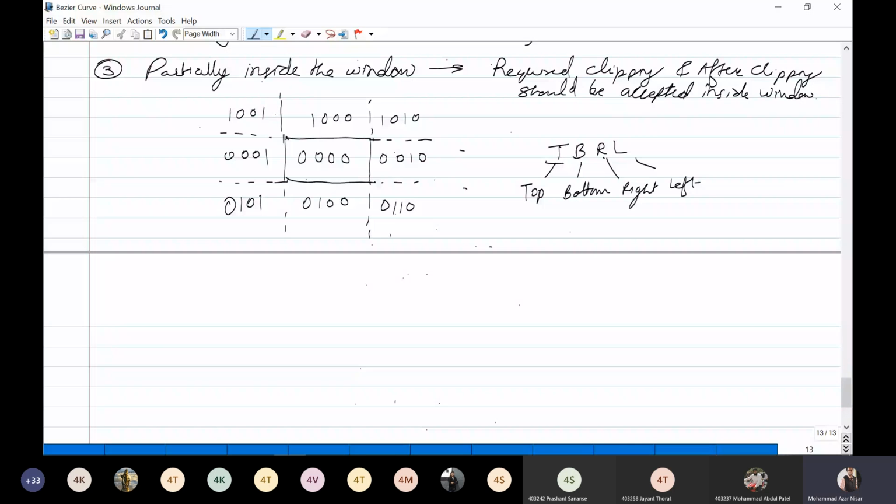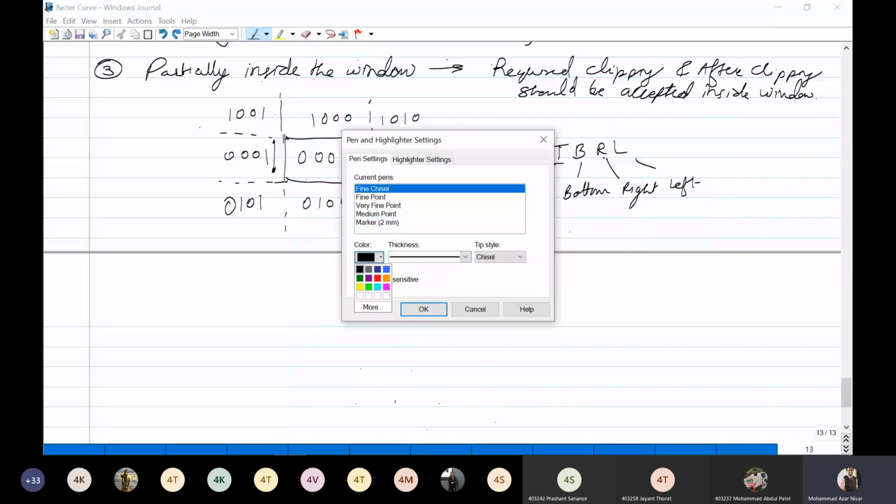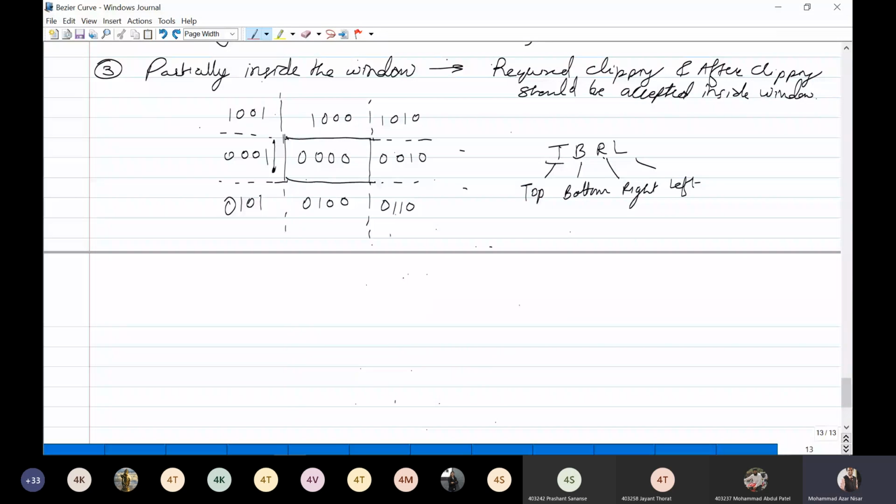Okay, so suppose a line is given in this way. This is one line, P1 and P2.